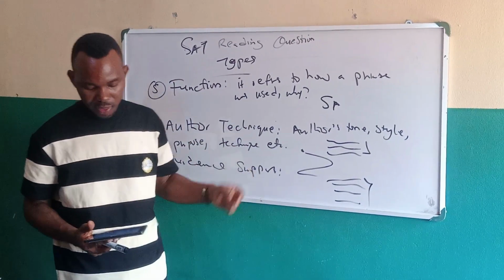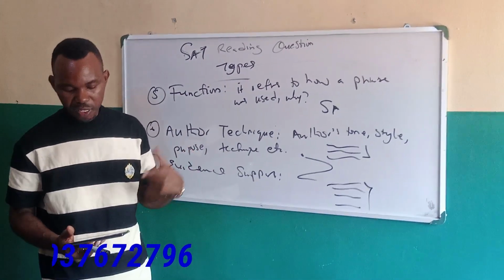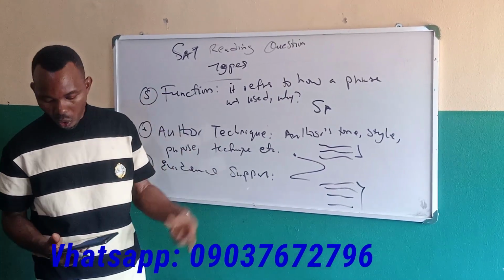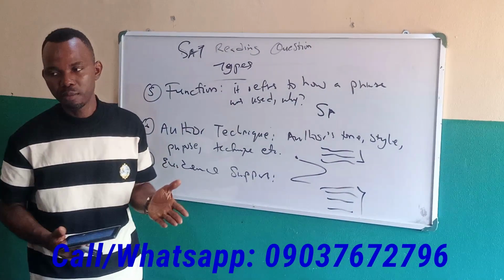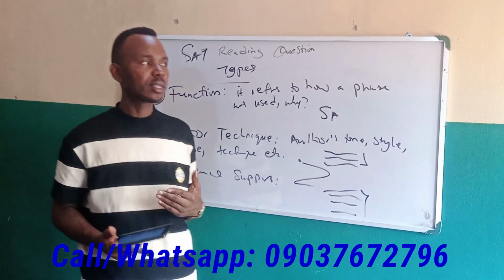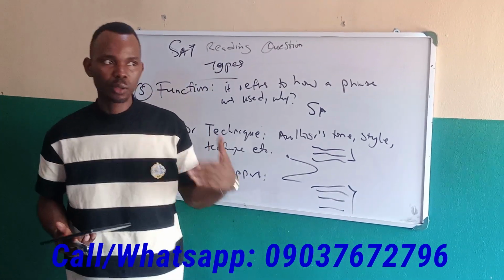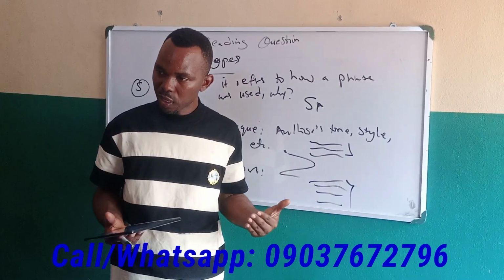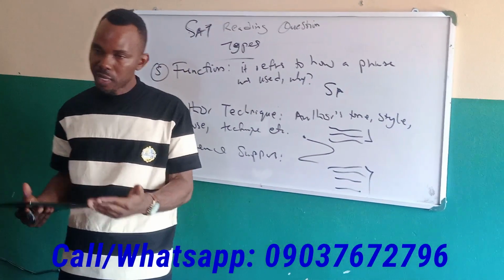Okay, so in this question type, you may have questions like, during the course of the first paragraph, the author's focus shifts from maybe this to this. Do you understand? So anytime you hear something like a shift, for example, it means that you need to identify what the author was actually talking about, and then what did he now start talking about, because there's going to be a change.